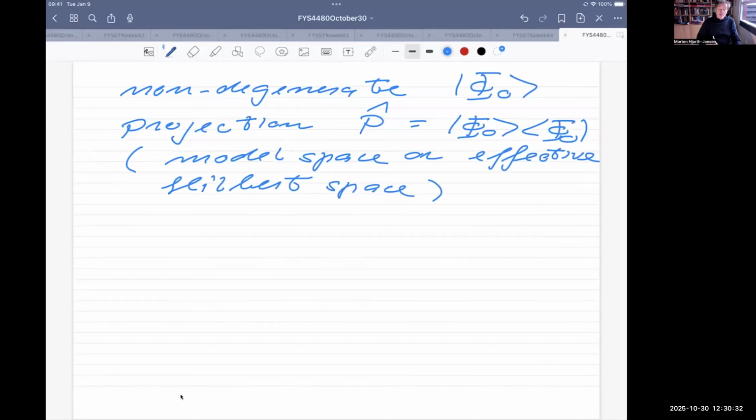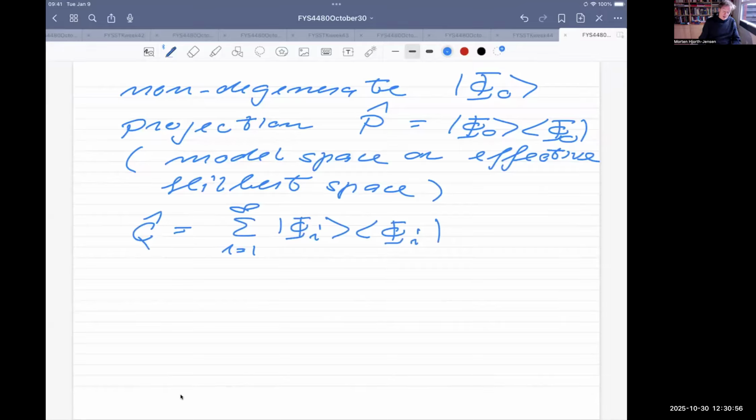That means that the remaining degrees of freedom will be taken care of by a new operator, which is simply the sum over all the other states. In principle, this summation should go to infinity because we have an infinite basis, but we will always truncate it, as we started discussing in the very beginning, in the first weeks of the semester.